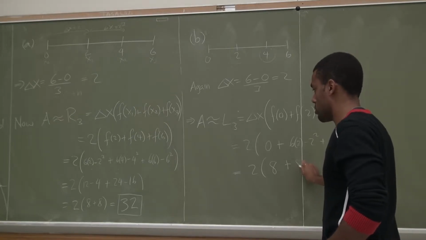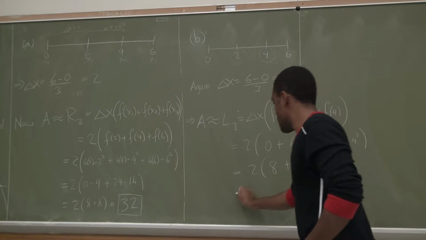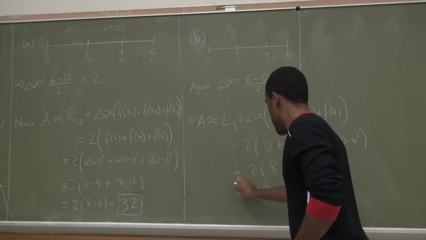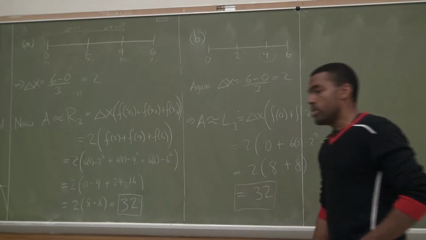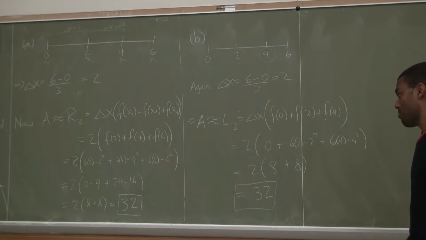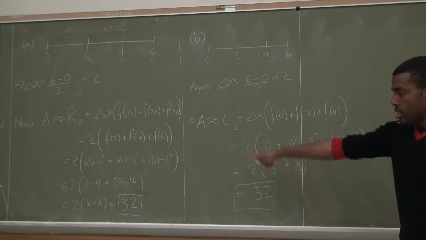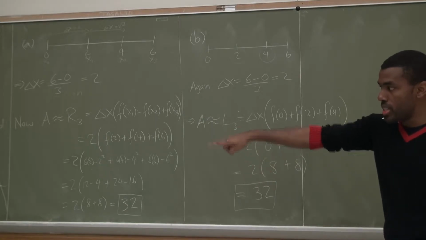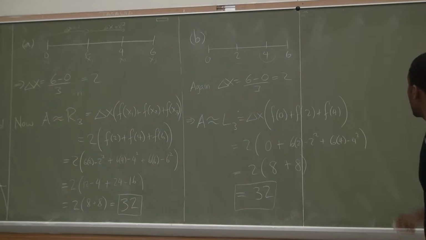It's the same answer. You actually get the same answer. Is there any way to check that? Not really. Not necessarily is one an underestimate and one an overestimate. Symmetry can help you get to a number.